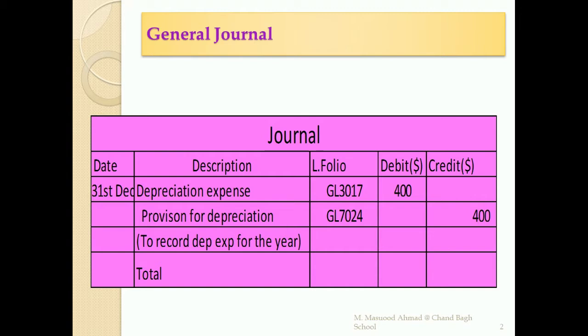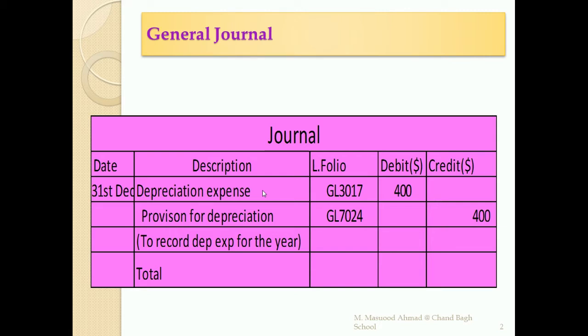In the first column, you can see the format of the journal. The first column is for date, the other one is for description, then ledger folio. Journal is basically a primary book of entry in which the bookkeeper records the initial transaction of the business, and it is not a part of the double entry system.